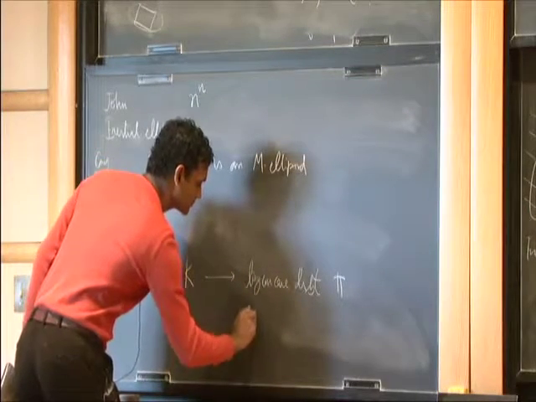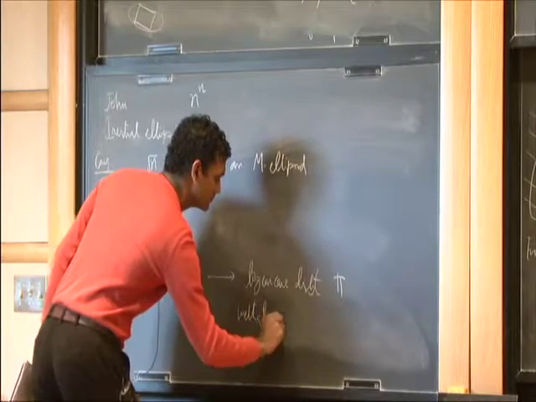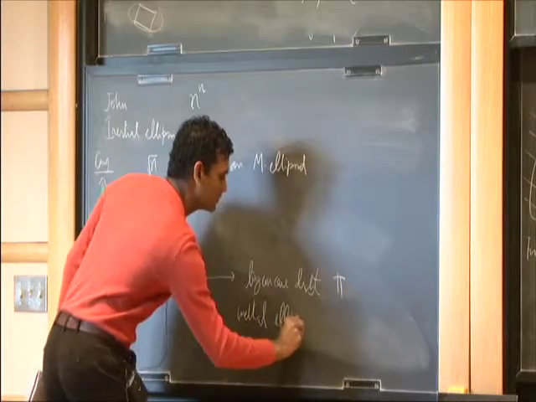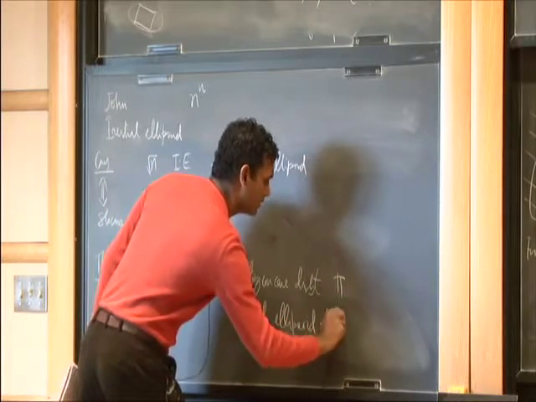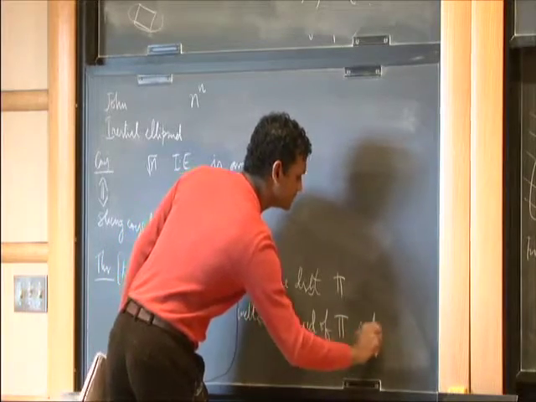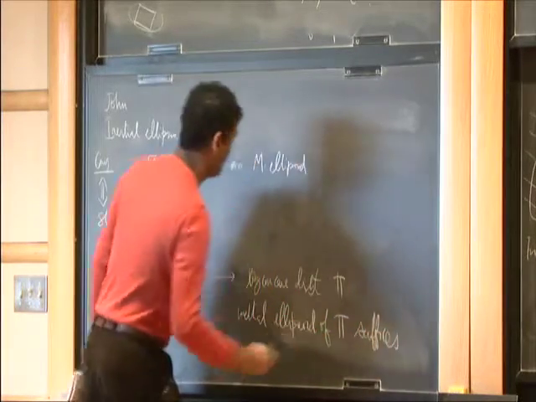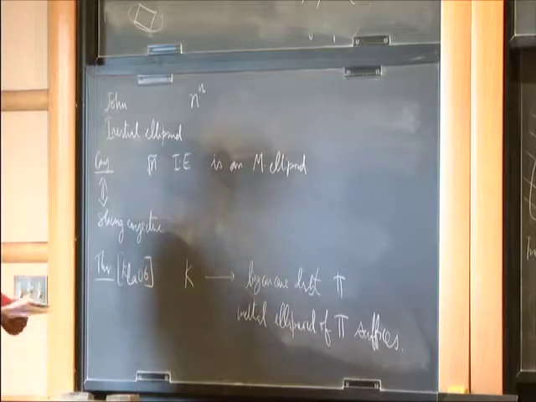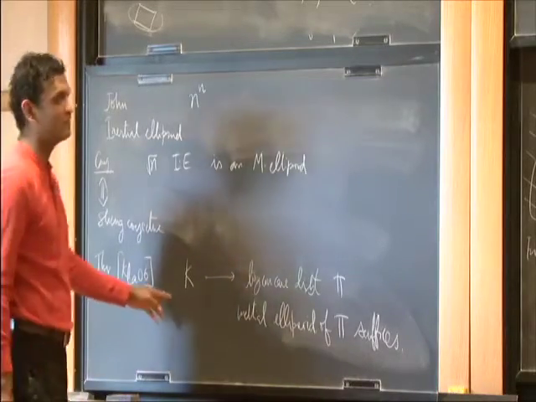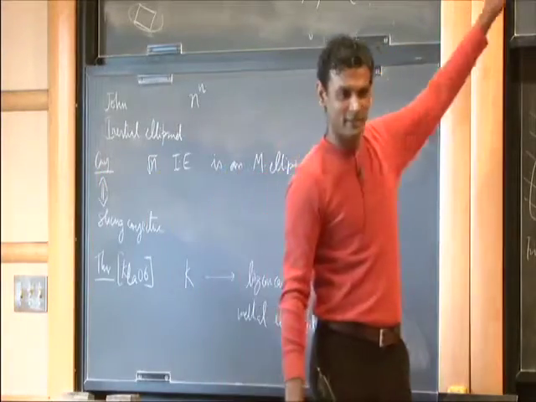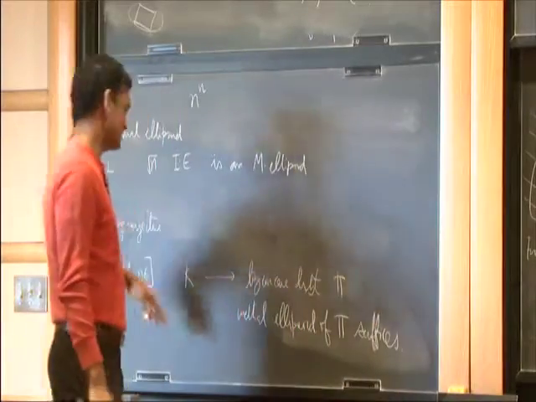Okay. The inertial ellipsoid of pi suffices. And this gives a randomized polynomial time algorithm, and that's what we had back then using this. So the proof is essentially algorithmic.